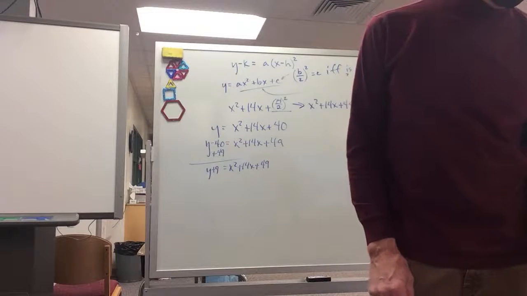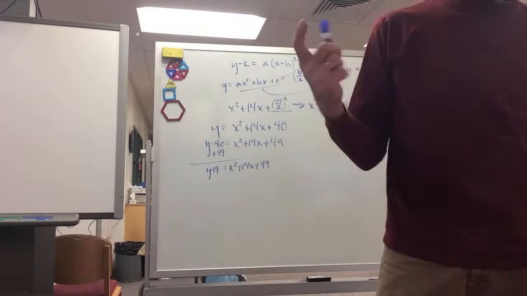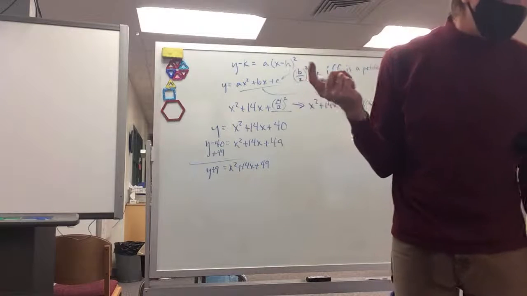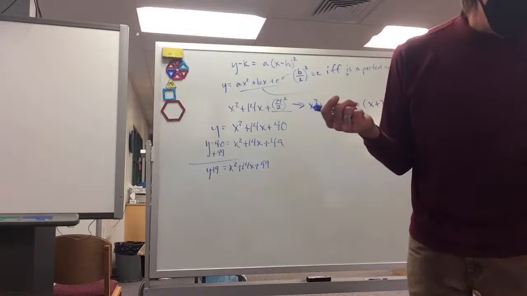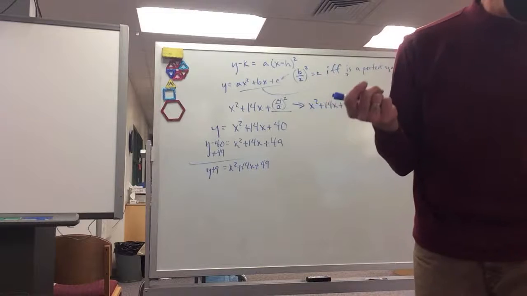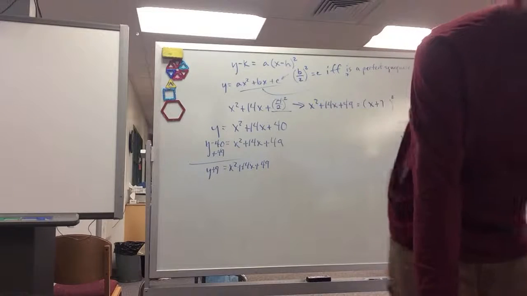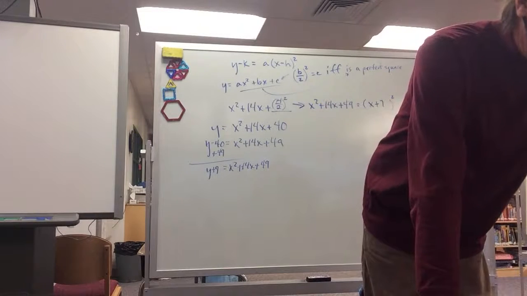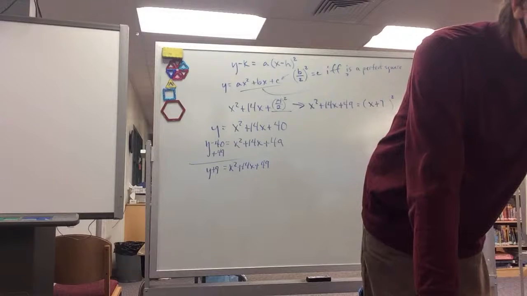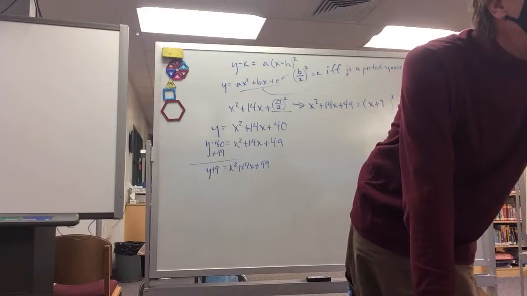So, we can rewrite in vertex form. That's what those first 7 questions were all about. Did you want to ask anything about those first 7? Look back at them. I know it was a number of days, like a week. Is there anything there that you wanted to ask about?